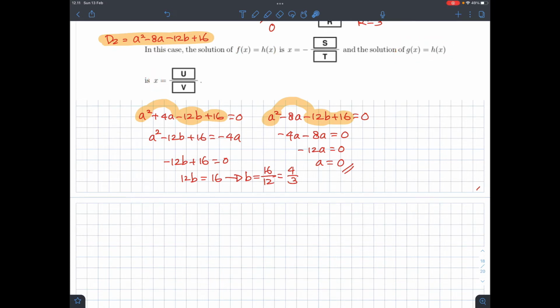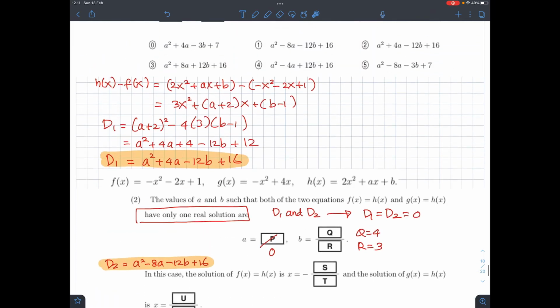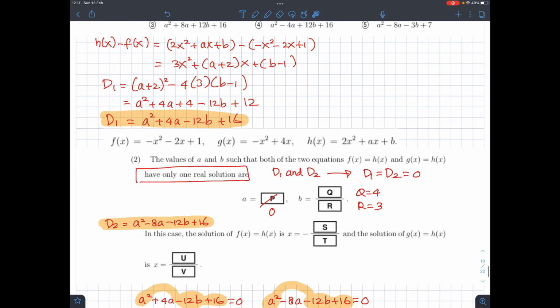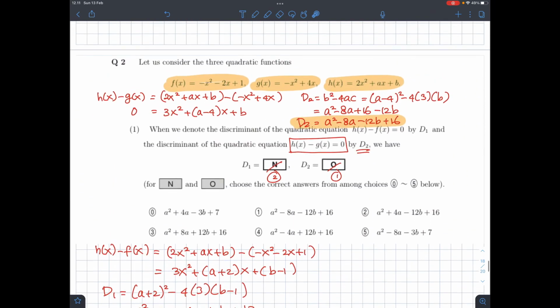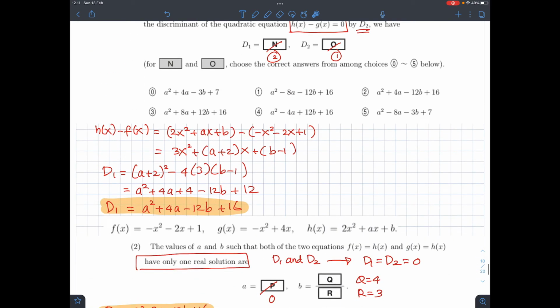When fx equals hx, I think it is better I copy this one.